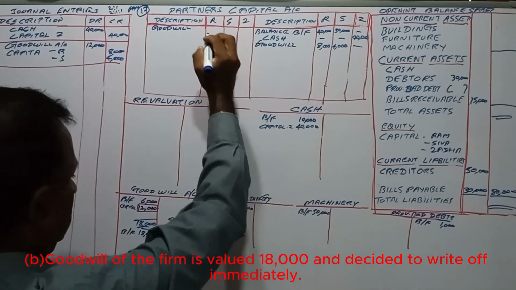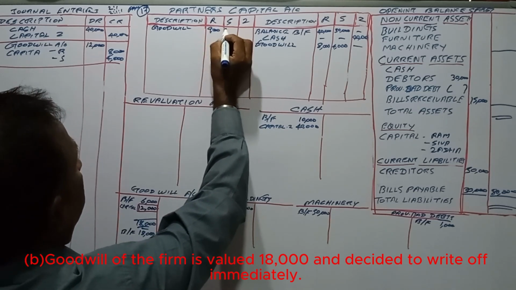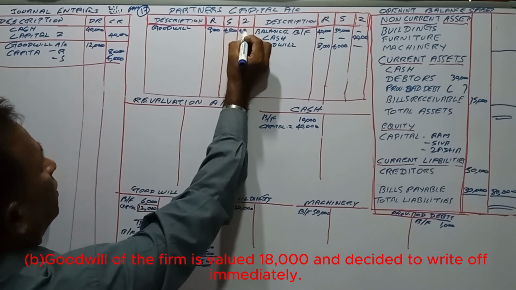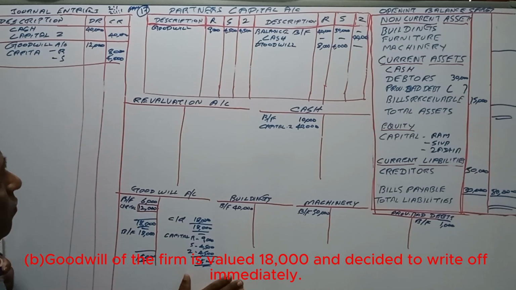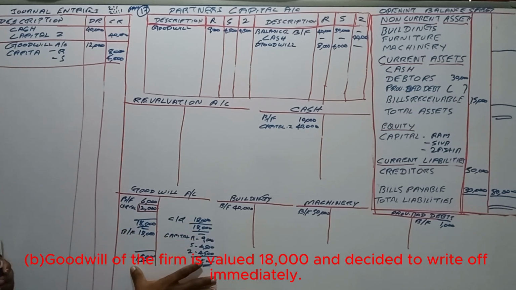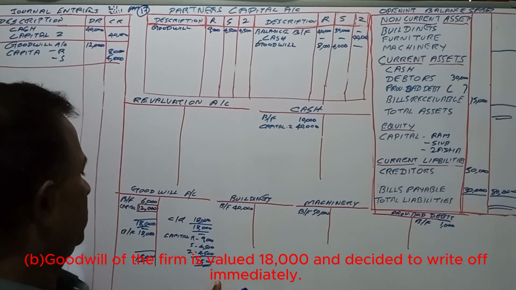Goodwill 9,000, 4,500, 4,500, right? So the goodwill adjustment is over. 18,000, they have written off the goodwill immediately.